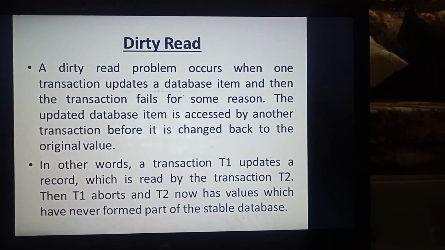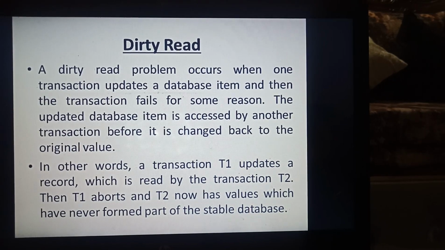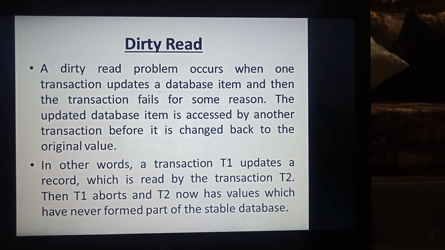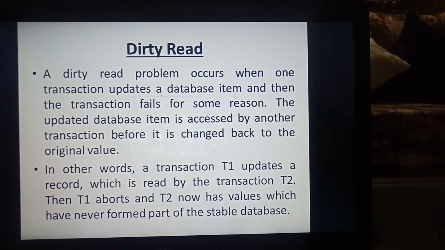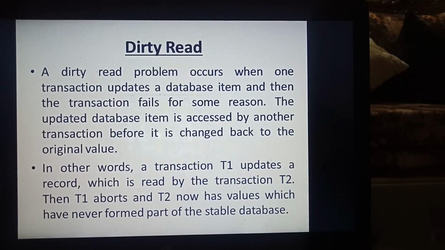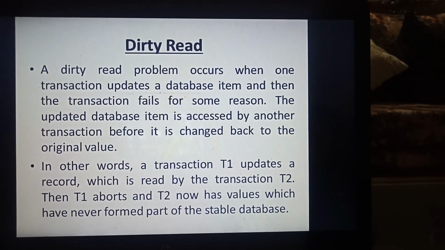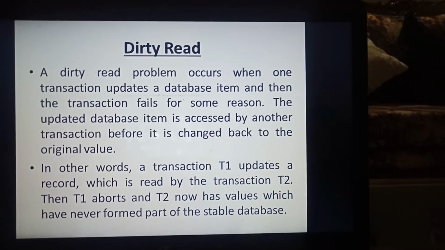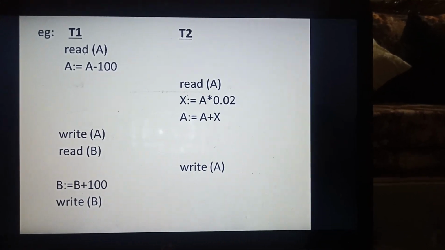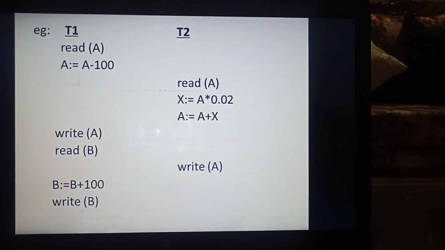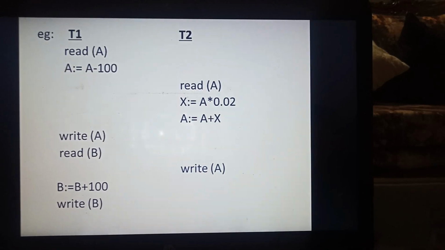In other words, suppose if a transaction T1 updates a record which is read by the transaction T2, then T1 aborts and T2 now has the value which never formed part of a stable database. We have used the same example for this problem also.